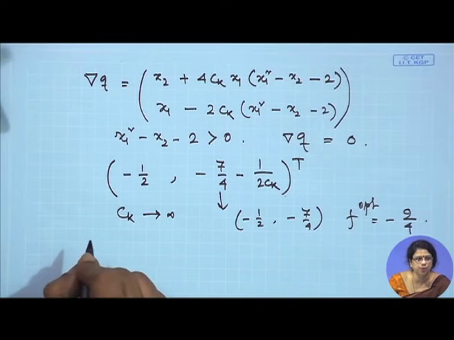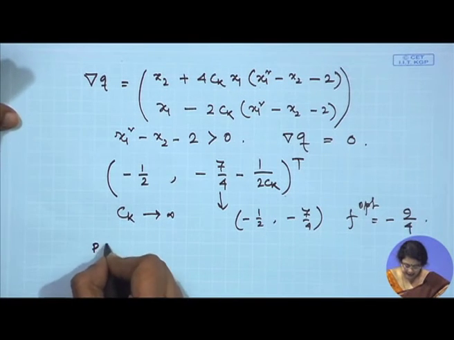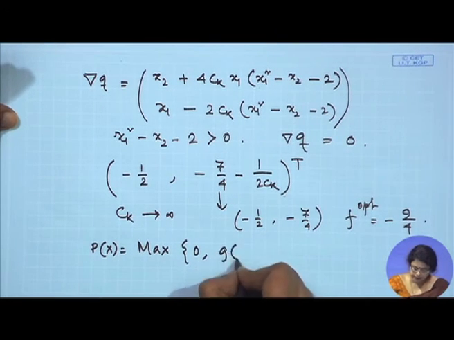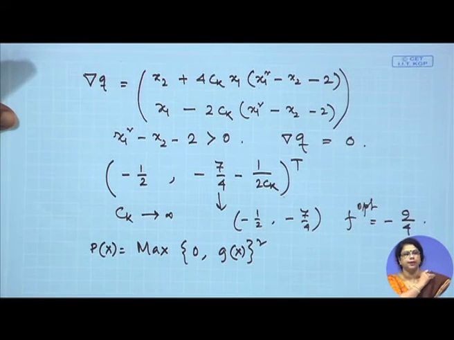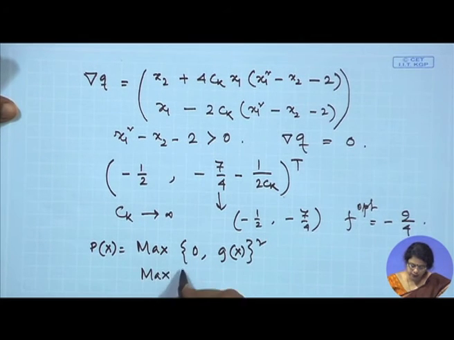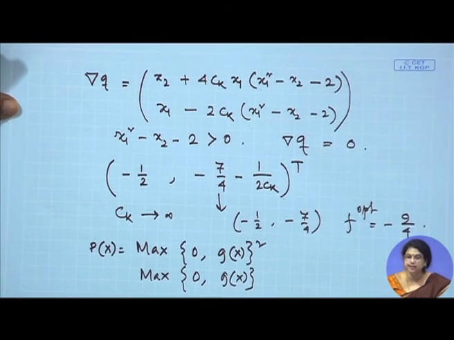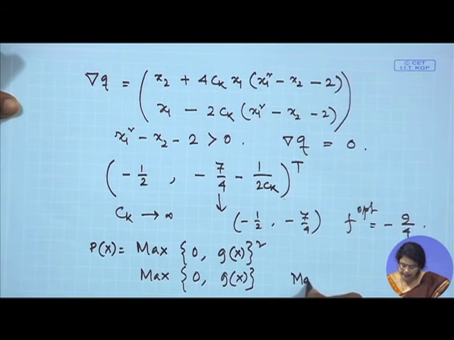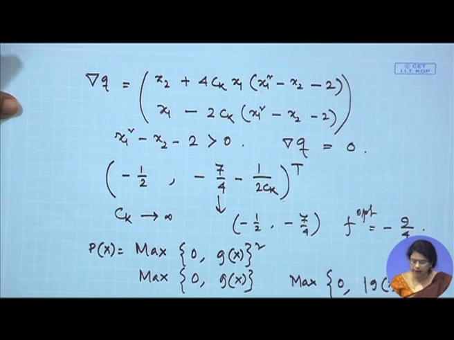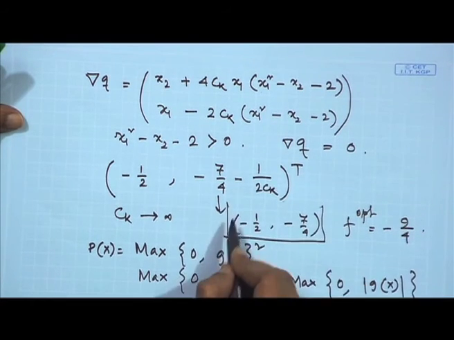Now what I suggest is that we have considered the penalty function as P(x) equal to max of 0, g(x) to the power square. Instead of that, find the solution for the same problem by considering g(x) in one case, or considering the penalty function as max of 0, mod g(x), and for both cases see whether you are approaching the same solution or not.